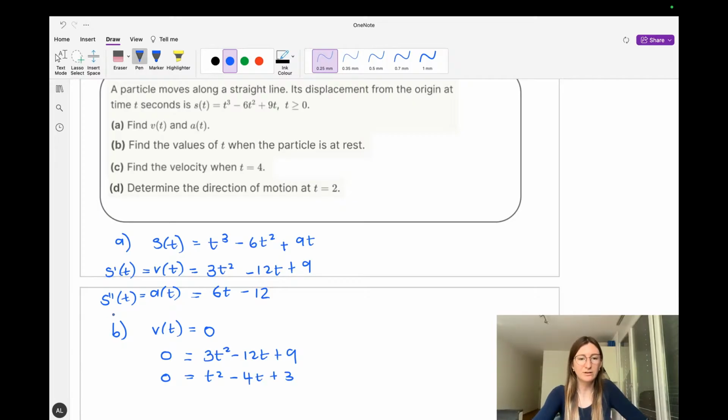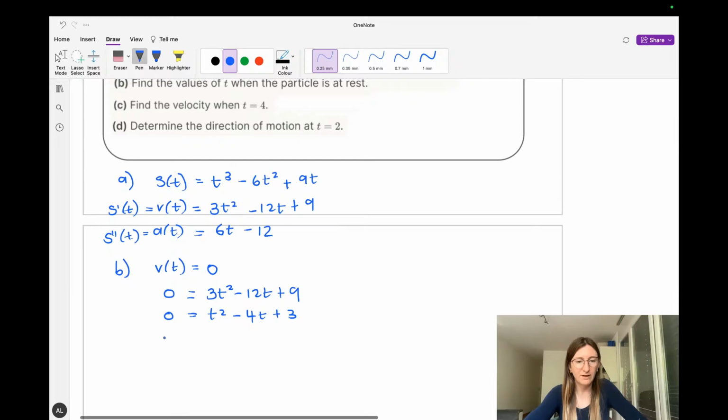And to find the values of t, I can graph it or factorize or use the quadratic formula, whichever method you prefer. Luckily 3 is a prime number, so we don't have too many options here. There we go. So t equals 1 or t equals 3. So the values of t when my particle is at rest is at 1 second and 3 seconds.